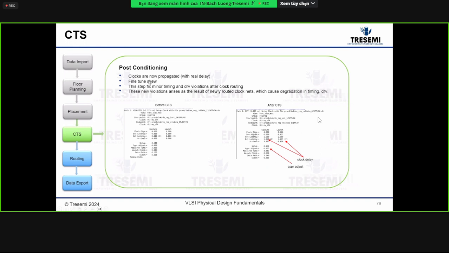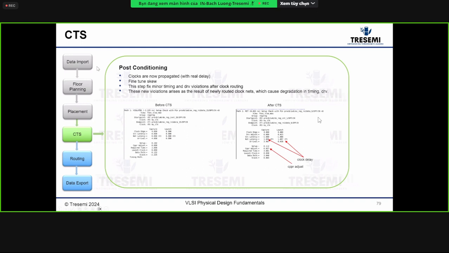So basically the clock tree is routed, that means the clocks are propagated, meaning that all the delays get propagated, the real delays per segment per clock. So this step fine-tunes the skew. With the clock tree routed, it'll take a look and analyze everything again. And if there are opportunities for us to improve, it's going to do that.